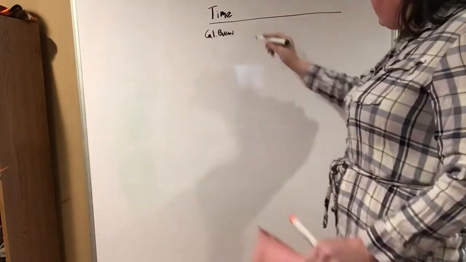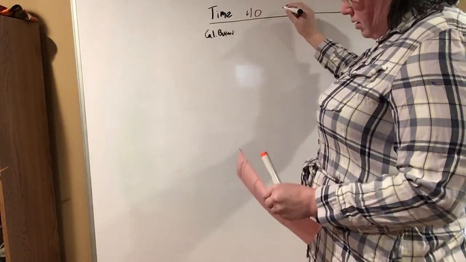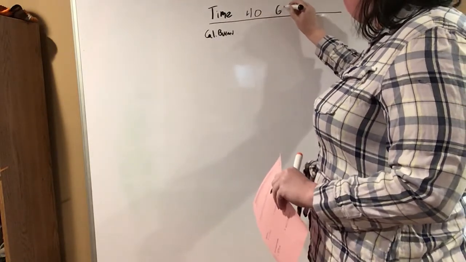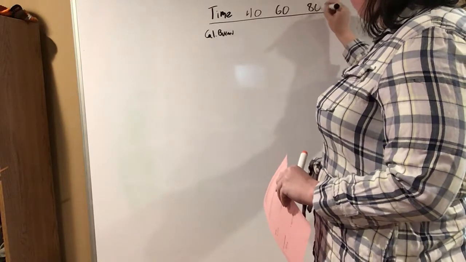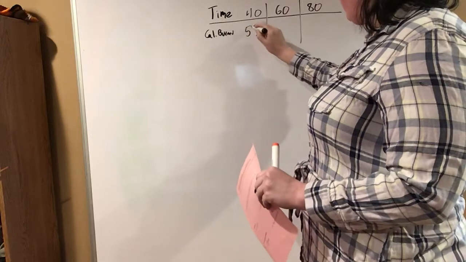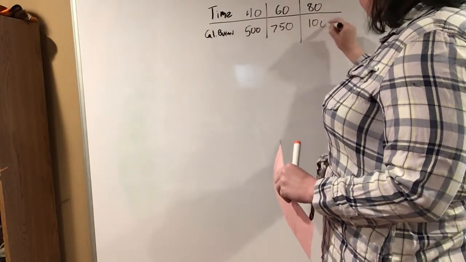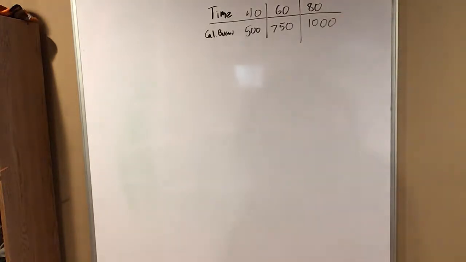Our first time was 40, and then 60, and then 80. And then we had 500 calories burned, 750, and 1,000. Our goal here is to find out our constant rate of change.